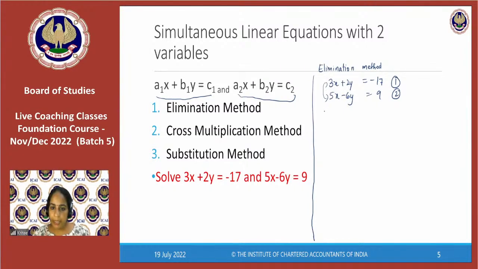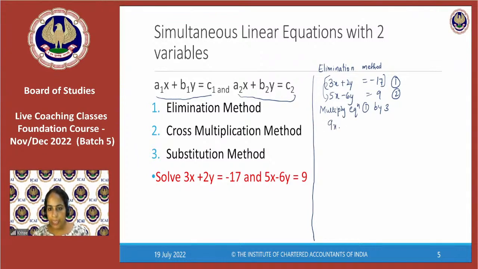The easier part is I would like to multiply equation 1 by 3, because it is very easy to convert 2 into 6 by multiplying it by 3. So I will multiply this entire equation by 3.